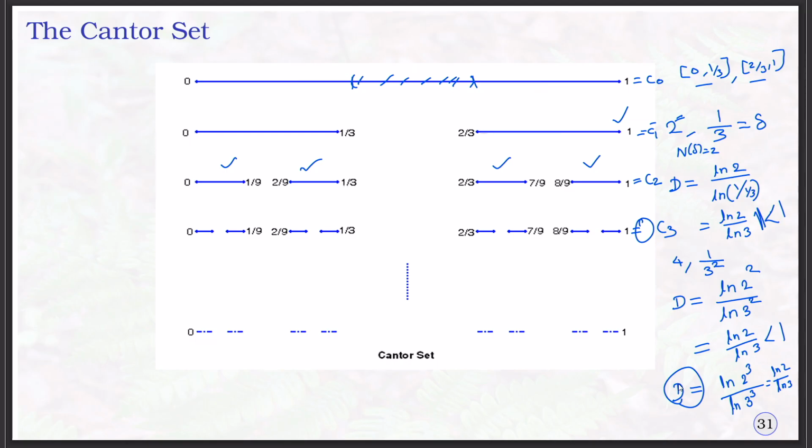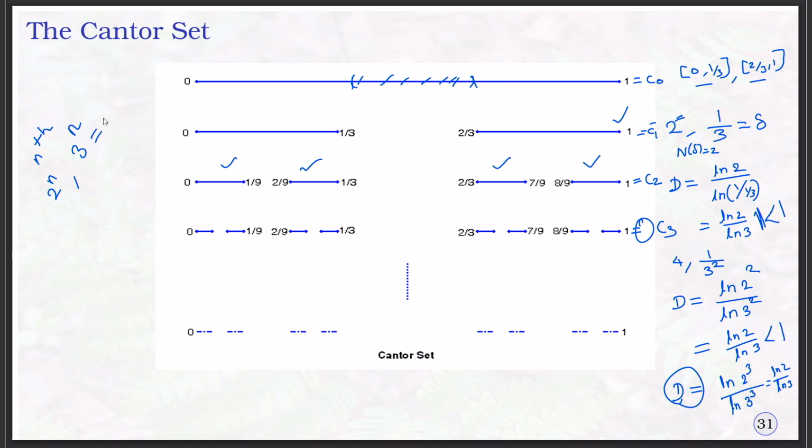After the nth iteration, the Cantor set has 2 power n intervals of size (1/3) power n. So, to cover the Cantor set at the nth iteration, we need 2 power n boxes of size 3 power minus n.